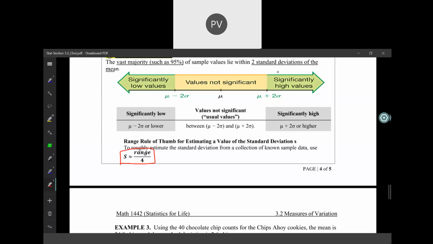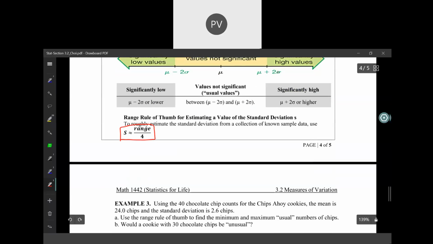Okay, now let's say that we have a number line here and it is normally distributed, so mean, median, mode are equal. Okay, so this is my mean, which is represented by mu.